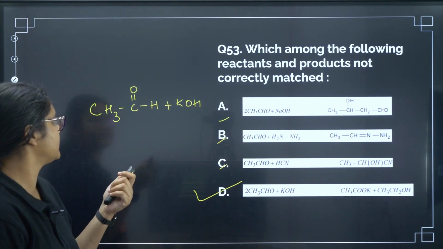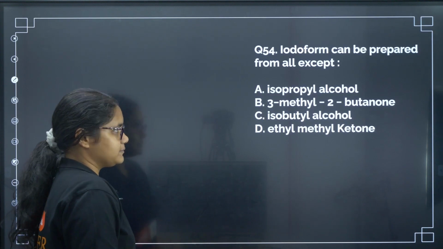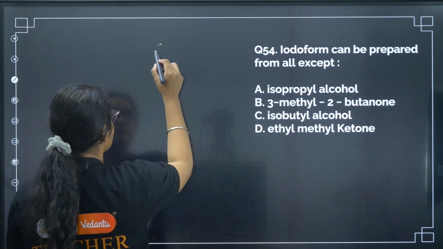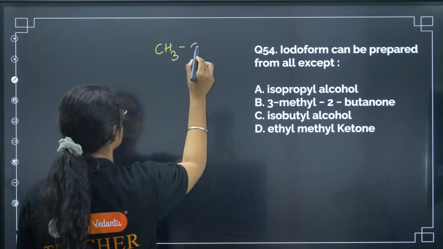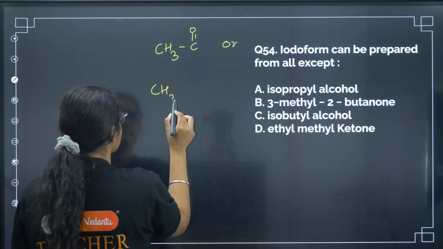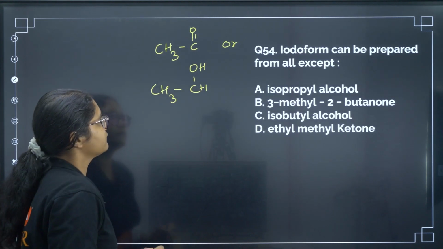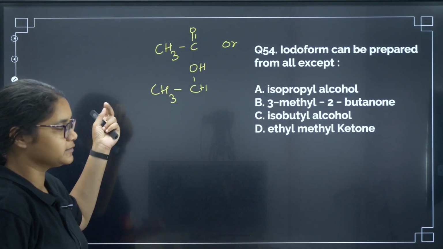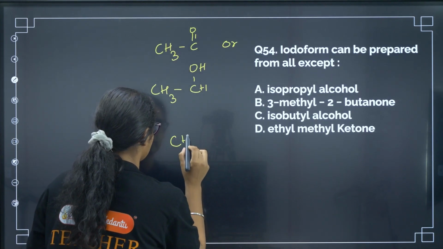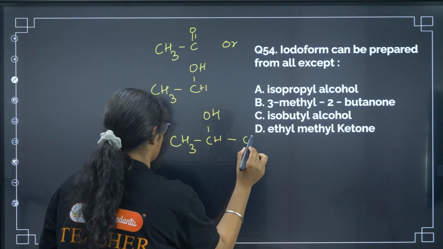Okay, now let us see the next question. Iodoform can be prepared from all except. So what is the condition for the iodoform reaction? We should have either this group, okay, or we can have this group, right? So we have to find out which group is possible. Now if you see isopropyl alcohol, it has this structure, right?